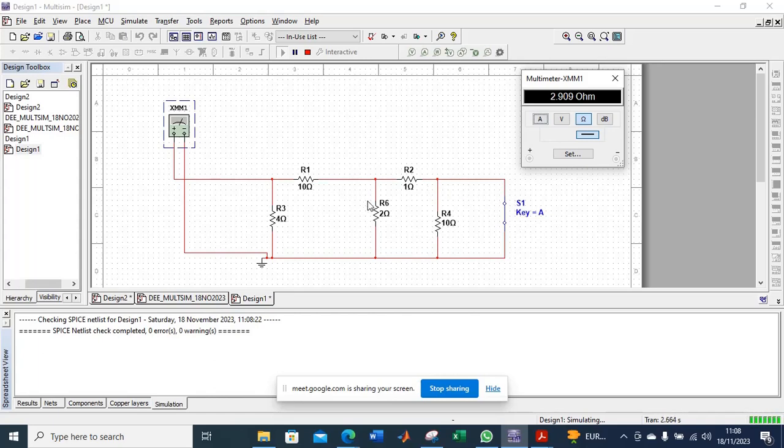When you look at it, let me use a calculator very fast. You will see that you have, for example, the 10 and 4. Let me say they are in series with each other, then in parallel with the 2. So what does that mean?